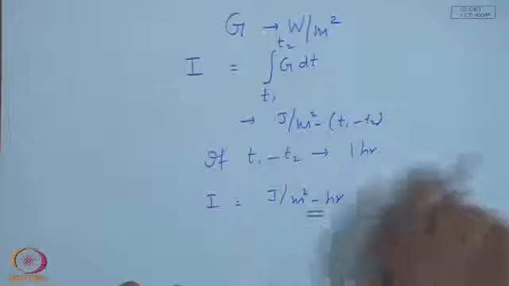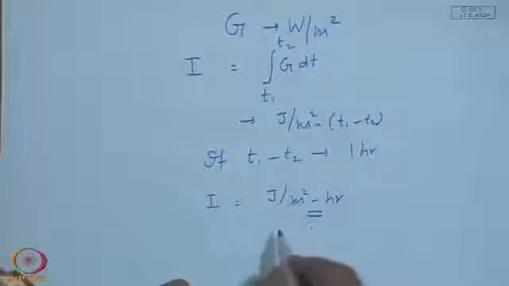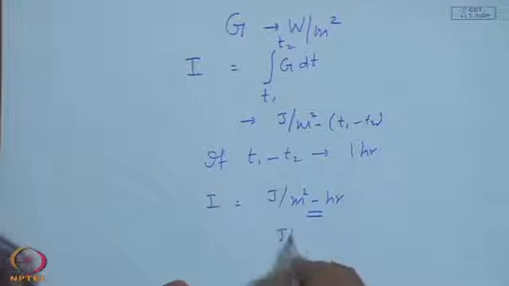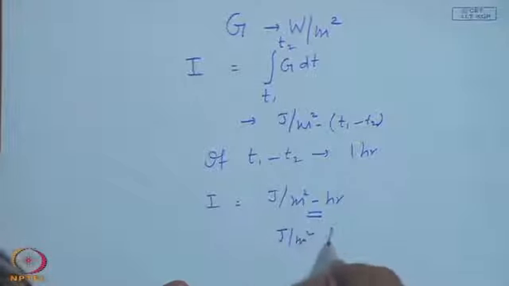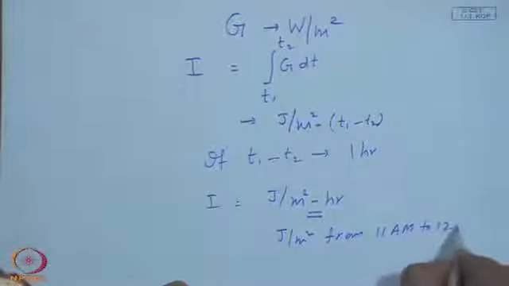That means, if I multiply by the number of hours in a day or number of hours in a year, I will not get the total solar radiation. This is for, say for example, so many joules per meter square from 11 a.m. to 12 noon.